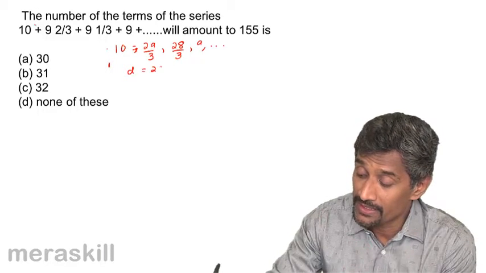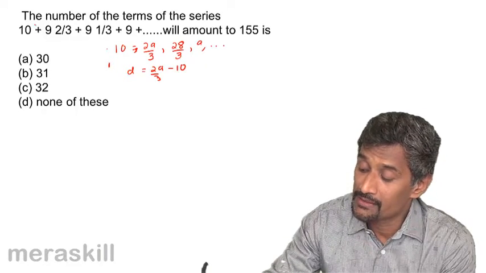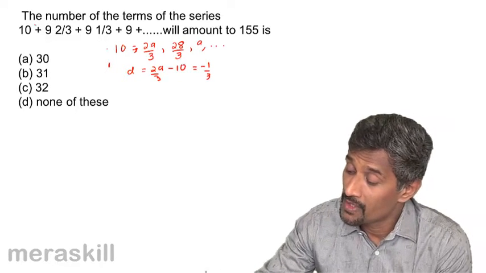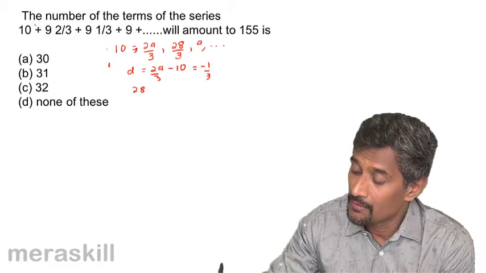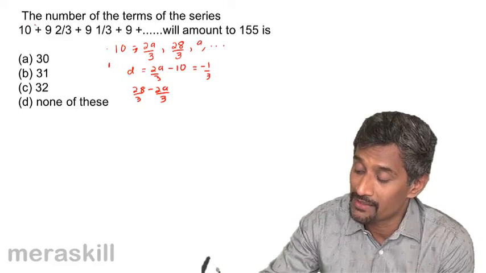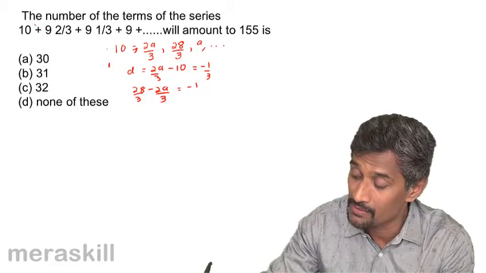d is going to be 29 by 3 minus 10, which will turn out to be 29 minus 30, that is minus 1 by 3, and 28 by 3 minus 29 by 3, that is T2 minus T1 is minus 1 by 3. T3 minus T2, is it also minus 1 by 3?